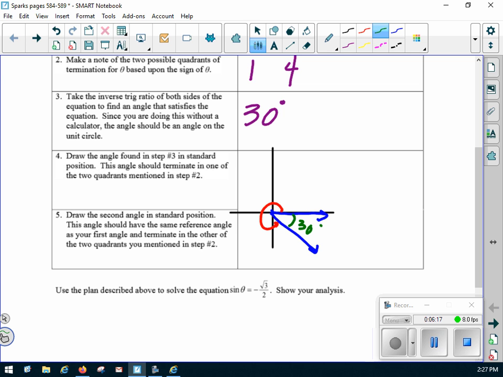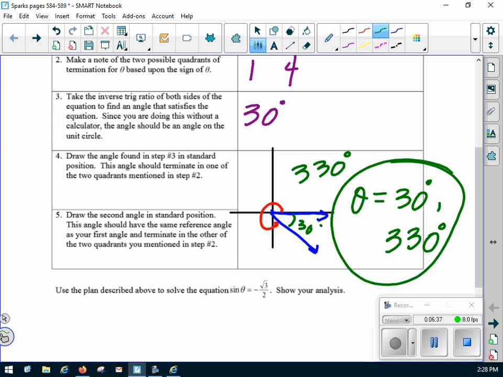So what's my red angle? 330 degrees. I've solved this equation. Cosine theta equals root 3 over 2 when theta equals 30 degrees or 330 degrees. We just solved that equation.